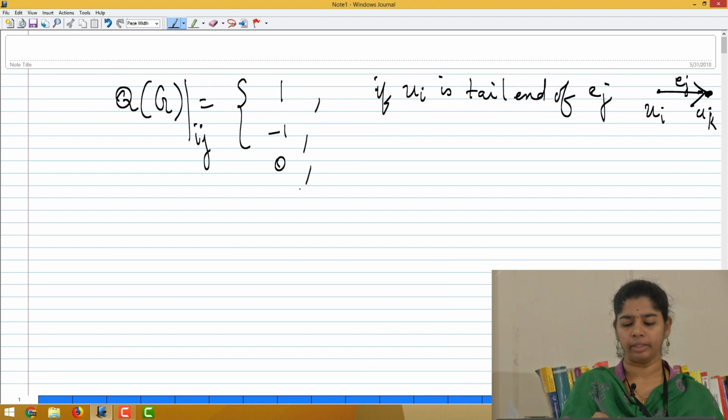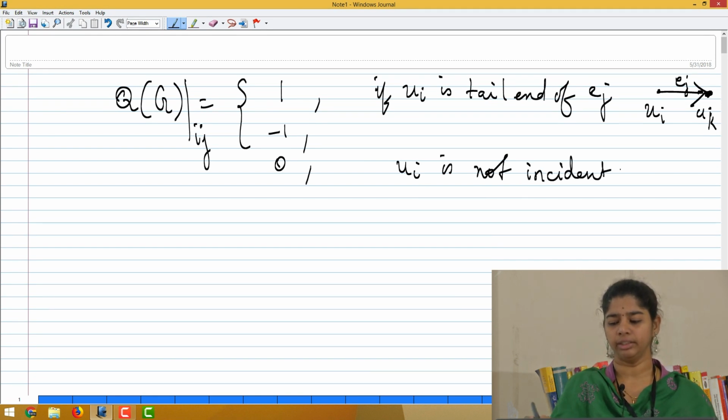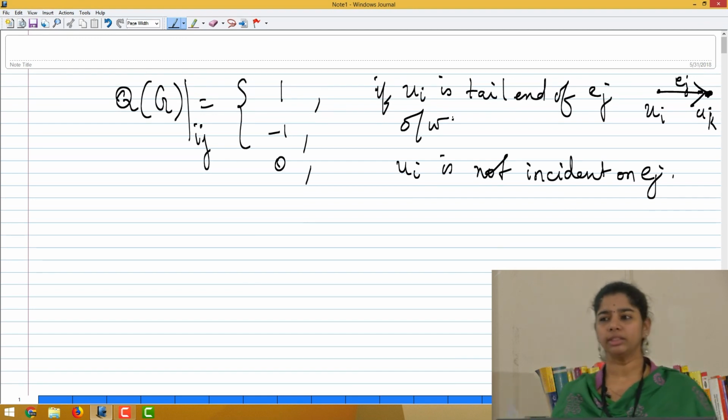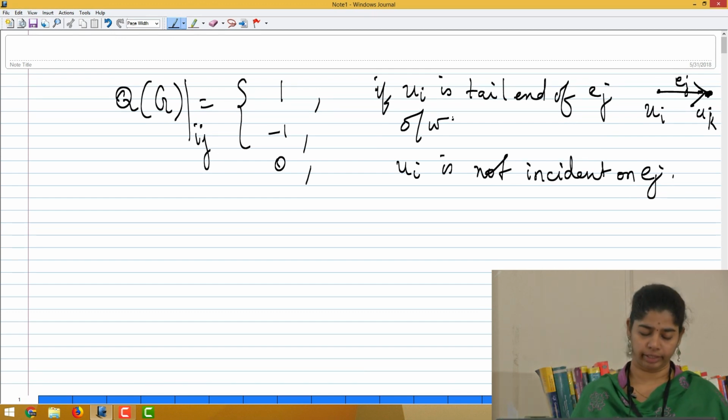And if ui is not incident on ej at any end, the entry would be 0, and this would be otherwise. So this is the definition that we have seen with respect to directed graphs.